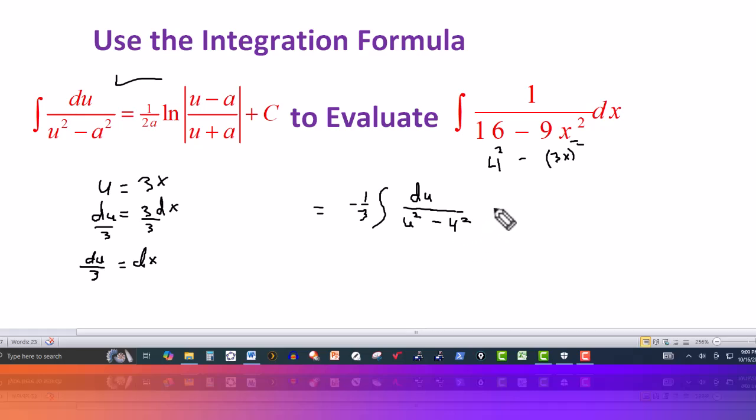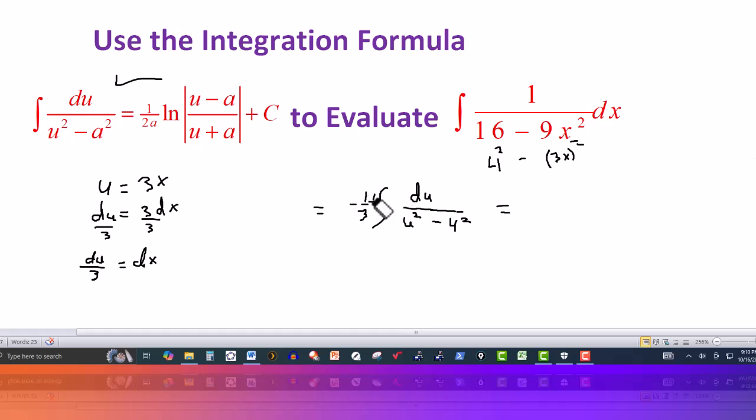So then we can go directly to the formula. The coefficient of this will be 1 over 2a. But what is a? a is 4. So it'd be times this coefficient, which is 1/8 there. That's going to be in the final answer though.